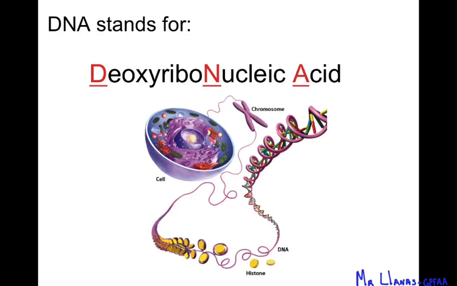Again, DNA stands for deoxyribonucleic acid, and the reason it's deoxyribonucleic acid is because one, it's made out of deoxyribose, which is the type of sugar in DNA, and we'll talk more about that specific sugar. And also because it's a nucleic acid.